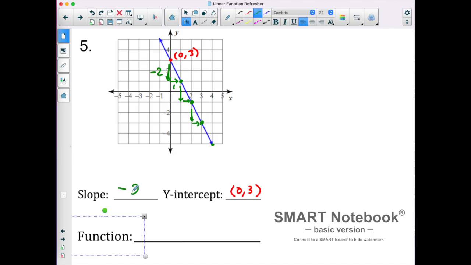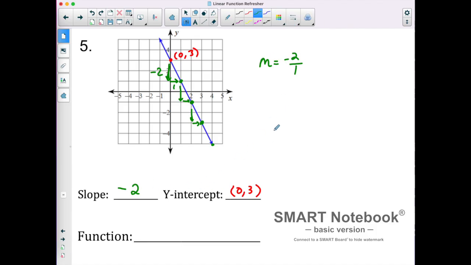So it has a slope of -2. Using these 2 things, if I put this in y equals mx plus b, where we have our slope and our y-intercept, we would write a function of y equals -2x plus 3.